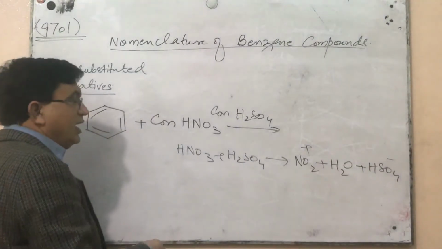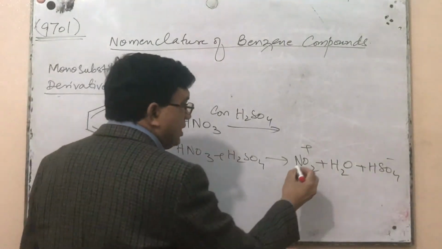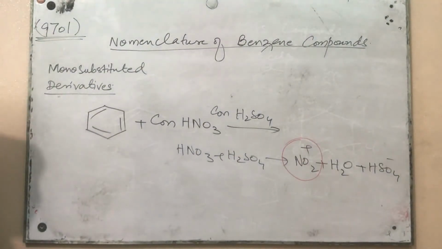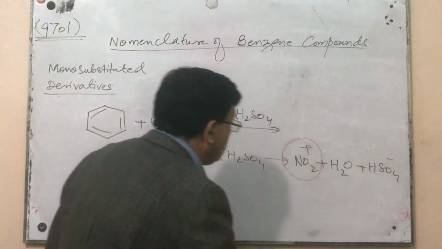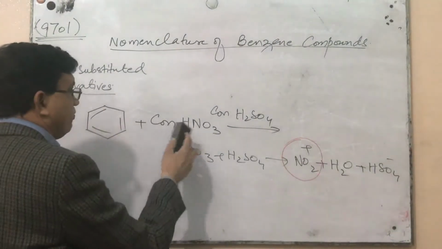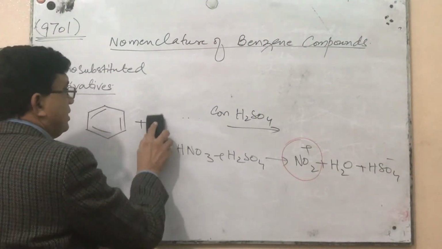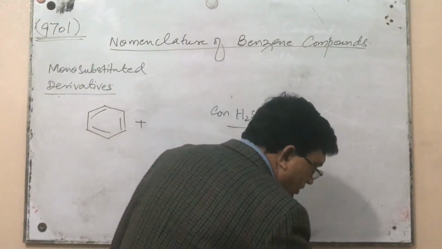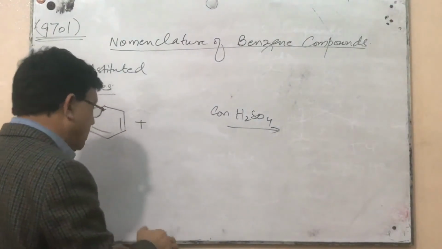Only the electrophile produced, the NO2 group, is a strong electrophile which will now react with this benzene, and the reaction will take place in a similar manner to what I have already explained.